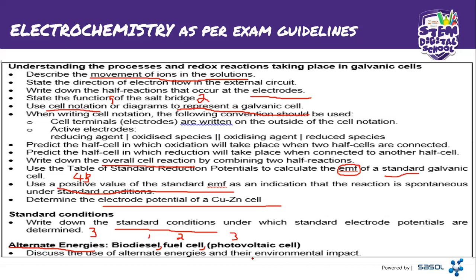So in a nutshell, my dear learners, we will first learn what that source of alternative energy is, and we'll look at the advantages of using each of those alternative sources of energy, and also the disadvantages of those alternative sources of energy.